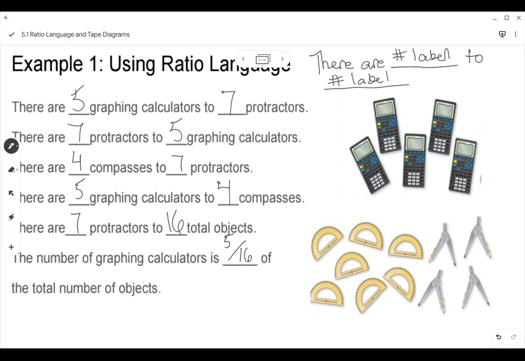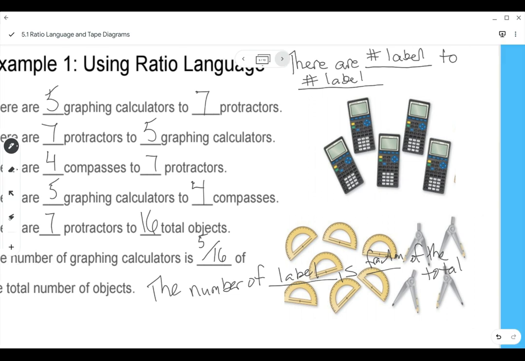And the other sentence we saw was that last one, where we had the sentence starting with the number of, and then some label, is, and then a fraction of the total. So those are two sentence stems for ratio language. We're going to see some more examples on the next slide.